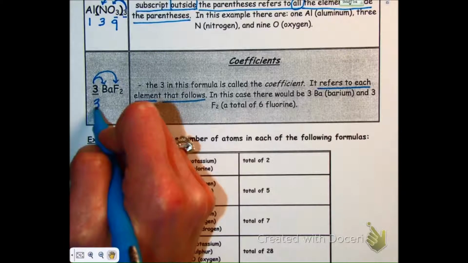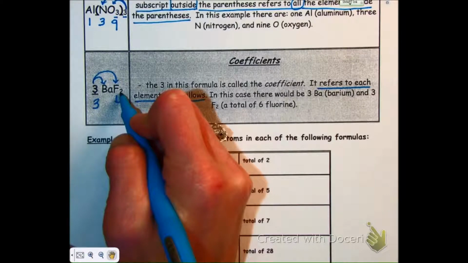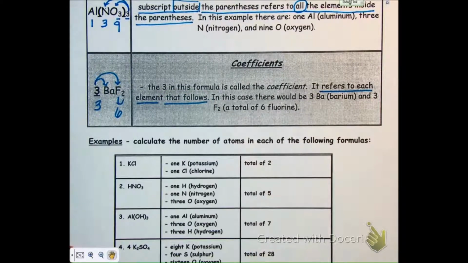And that's it. Those are the helpful tips to help you count atoms. Now, some get more challenging when you have coefficients and parentheses and several subscripts, because then you're multiplying several things several times, but we're going to practice that.